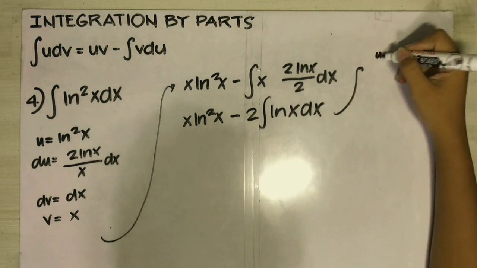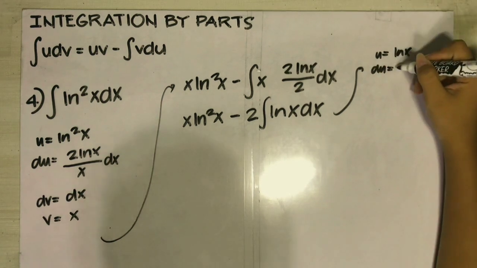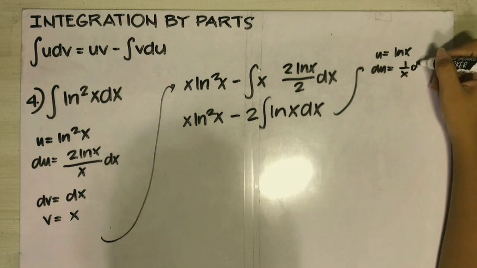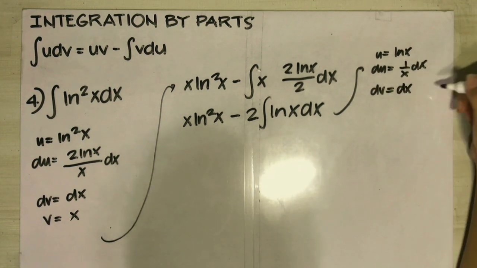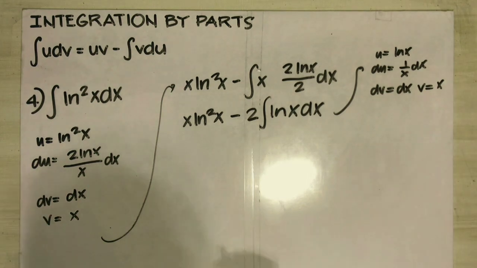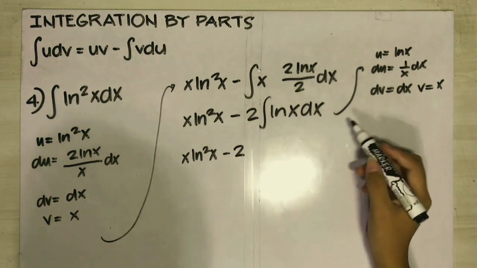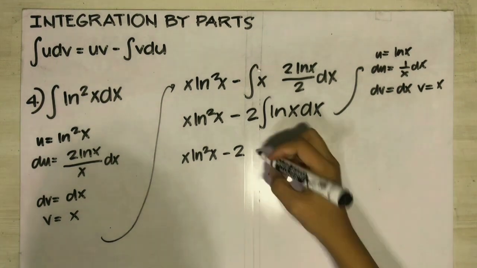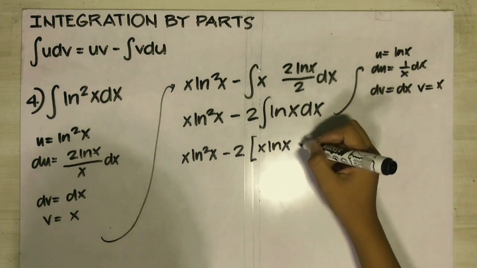Since we can't integrate this directly, we do the same thing. So let u be equal to ln x, du is equal to 1 over x dx, dv is equal to dx, and v is equal to x. So, x ln squared x minus 2 times x ln x minus the integral of x times 1 over x dx.